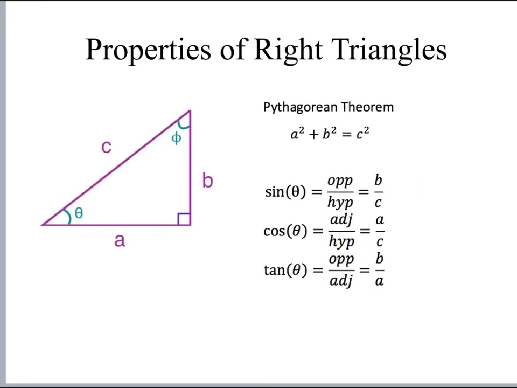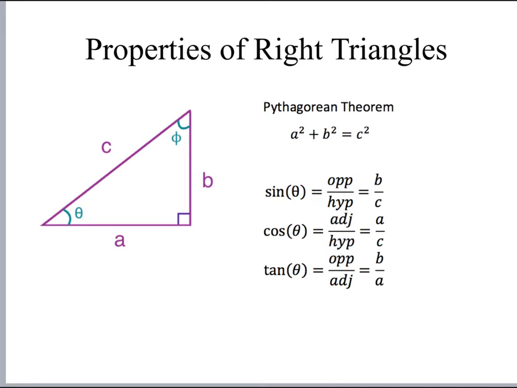Now, when we deal with a vector that is broken into a sum of its x component and its y component, typically it's going to make a right triangle. And so I just wanted to review some of the properties from right triangles. You guys should all know this, but let's just quickly go through it. I've got a right triangle here.